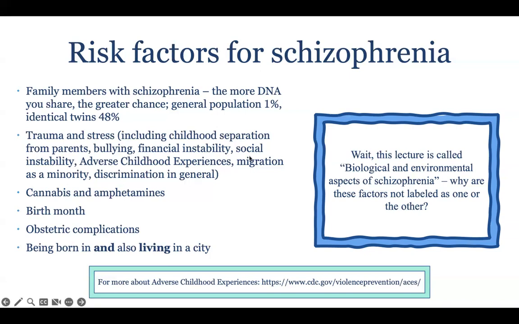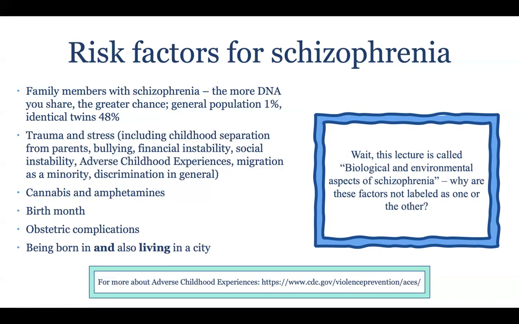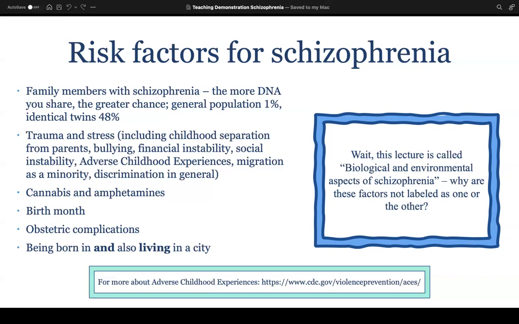So that should tell you that the heritability is quite high, which, as you go further out, identical twins share 100% of DNA. Normal fraternal twins or other siblings, full siblings, share about 50% of DNA. And then it goes out from there, right?